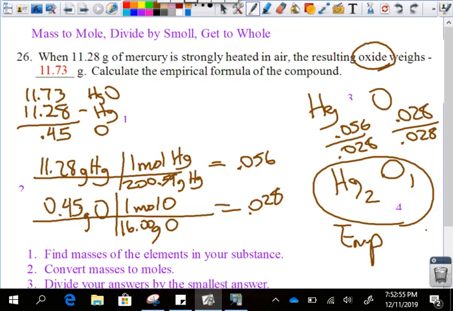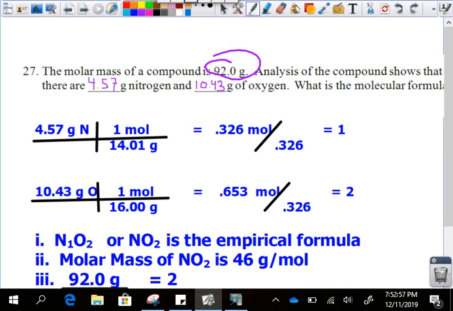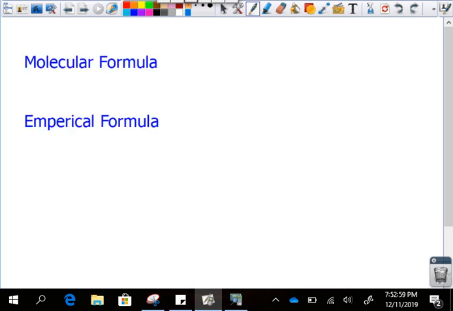I'm going to come back to 26 and 27 in a minute. There was one other topic that we discussed in the notes and on one of the worksheets. It somehow doesn't really make its way onto this review sheet. So let's talk about the difference between molecular formulas and empirical formulas. Molecular formulas and empirical formulas are similarly related. They have ratios, but those ratios might be reducible.